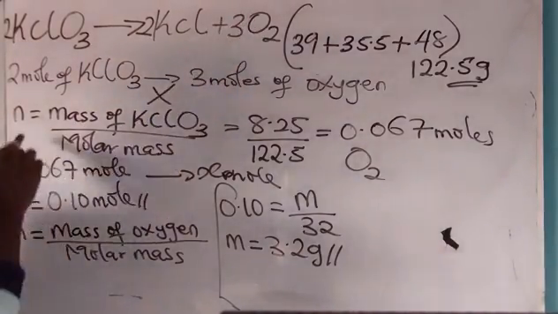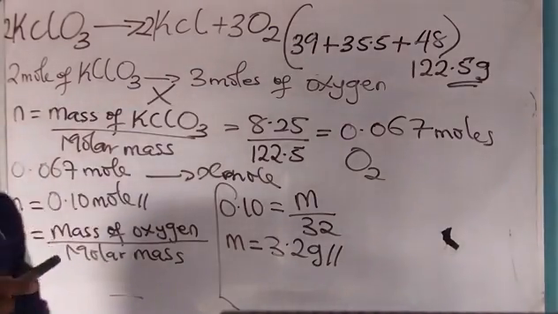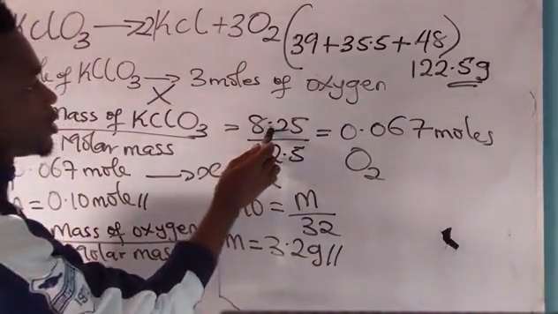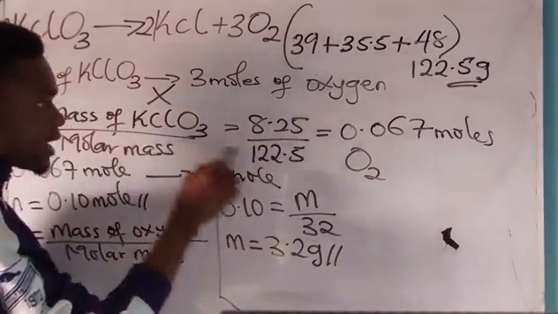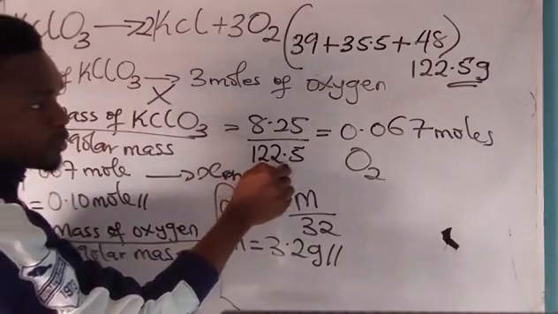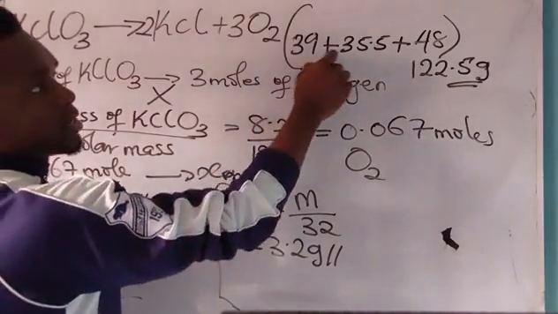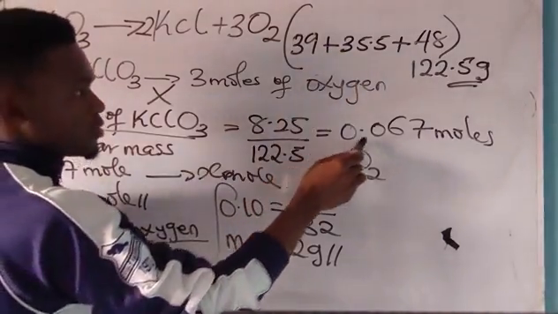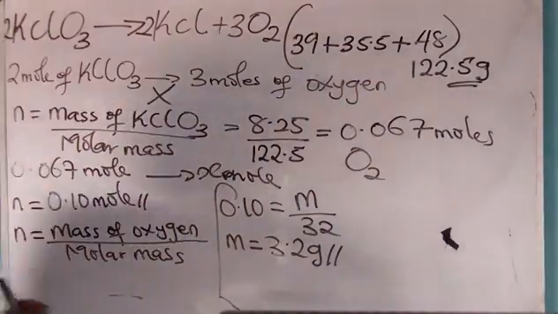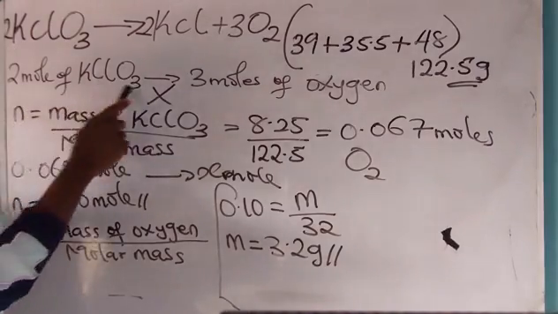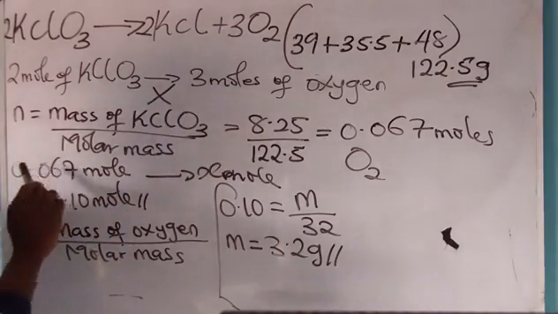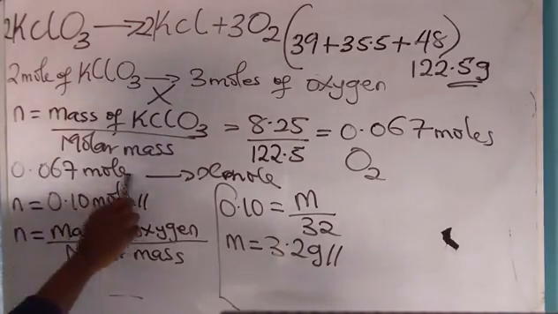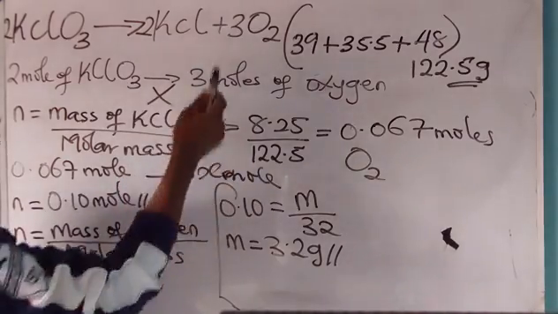But the gram of potassium chromate was given to be 8.25 over the molar mass, which is 122.5 as calculated, then equals this. It therefore means that 2 moles of this will produce this. Then 0.06 mole will produce what? X mole of oxygen, we don't know.